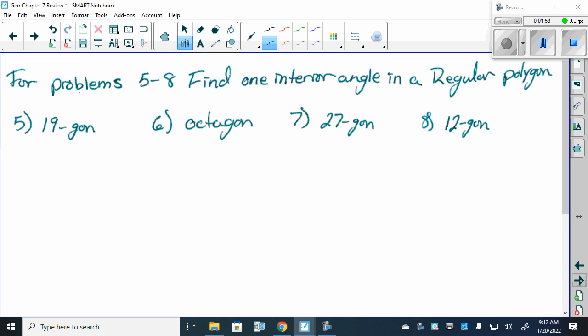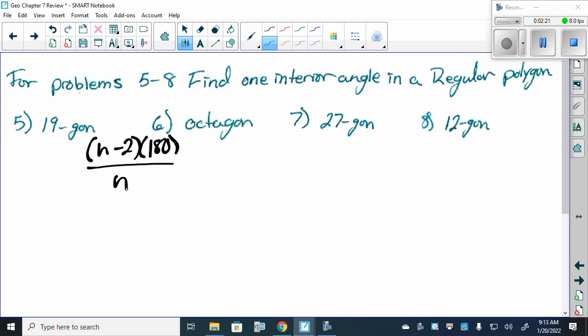Find one interior angle in a regular polygon. Well, we're still using the same formula, n minus 2 times 180, but this time we're going to divide it by n. Because if we only want one angle in a regular polygon, since it's a regular polygon, all the angles are the exact same, so we can divide it by the number of sides.